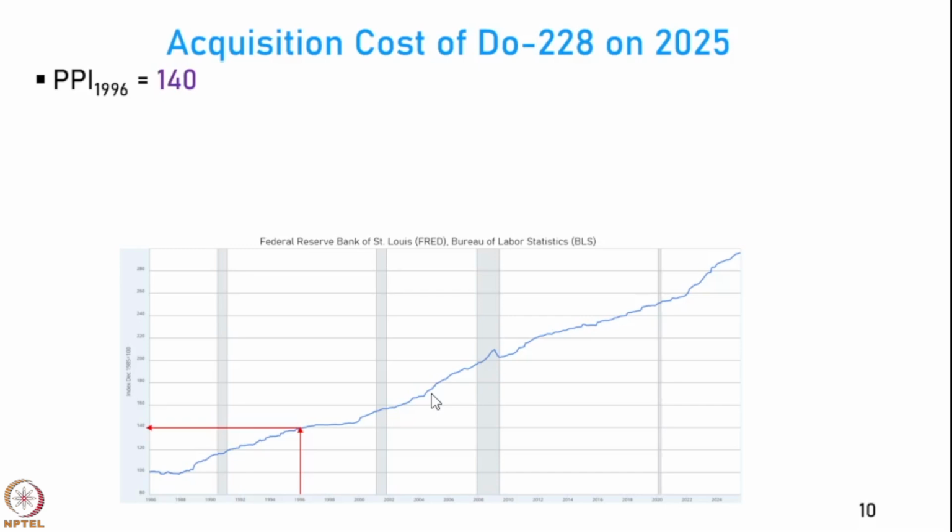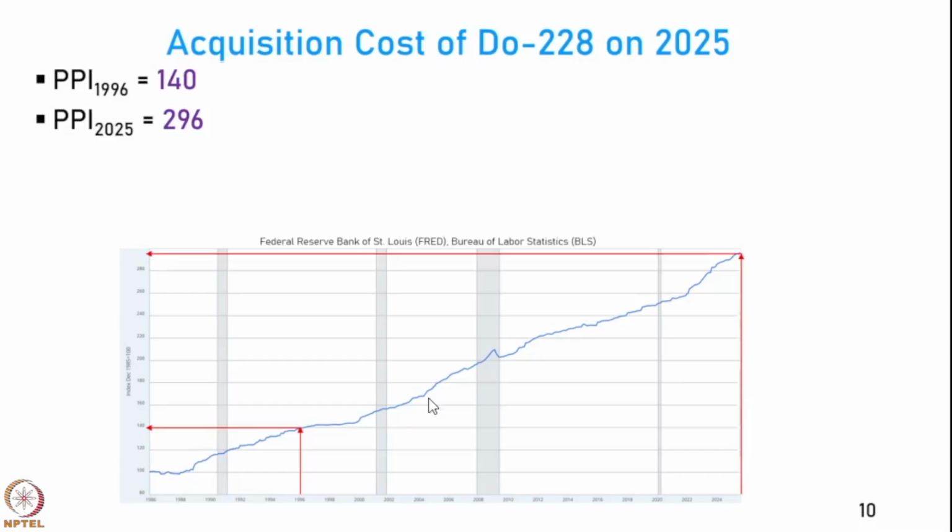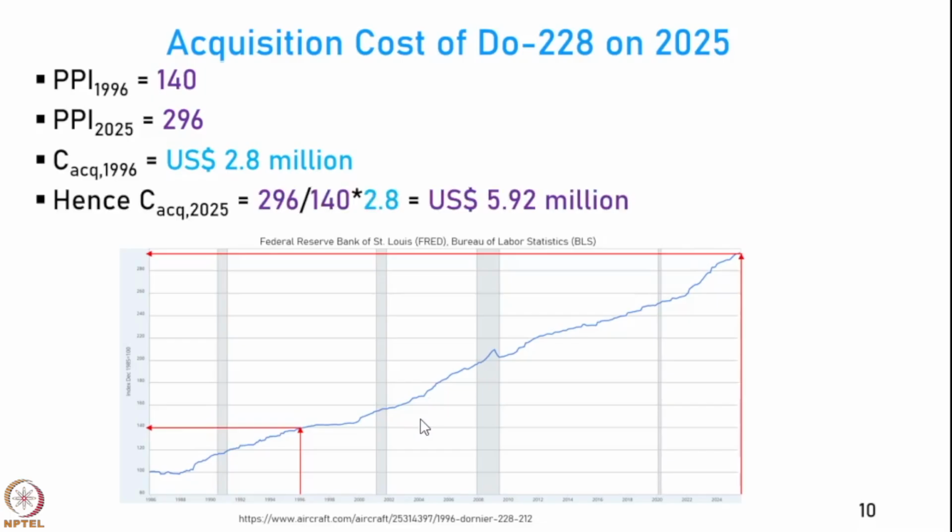So, the producer price index in 1996 was 140, and this number has become 296 in 2025. So, therefore, if we assume that the aircraft cost is $2.8 million in 1996, when you scale up the price, you will find that the acquisition cost of the aircraft in the present year turns out to be about $6 million, to be precise $5.92 million.